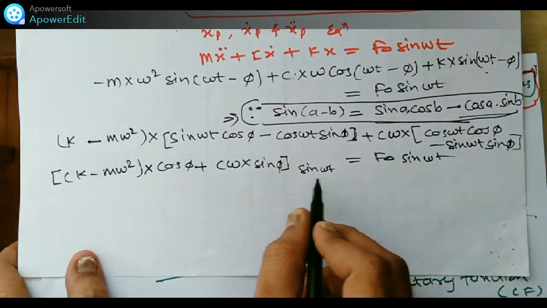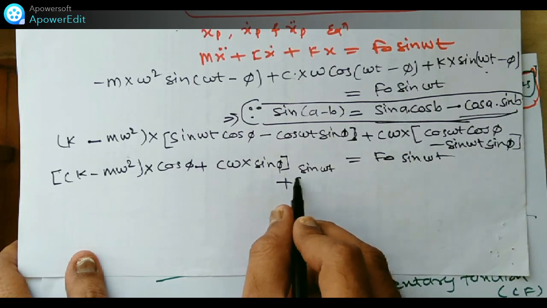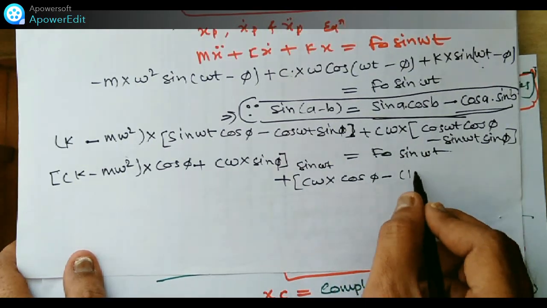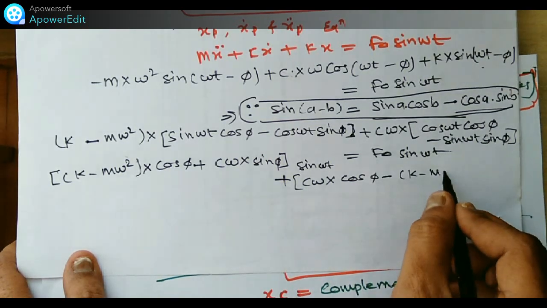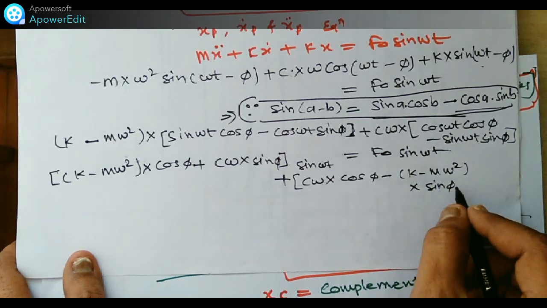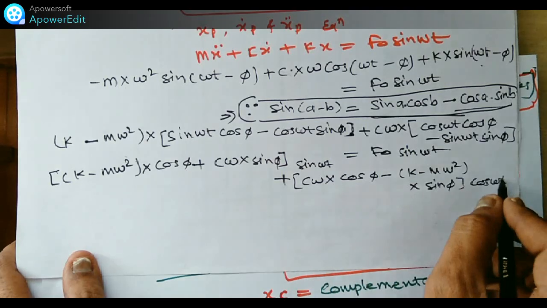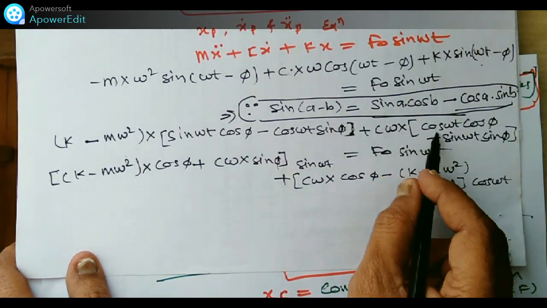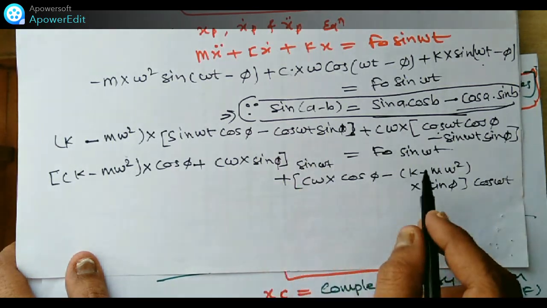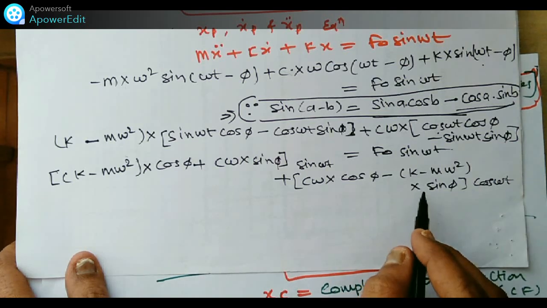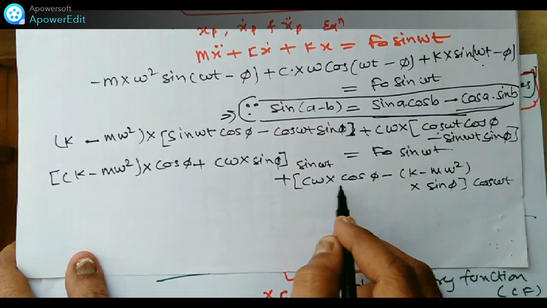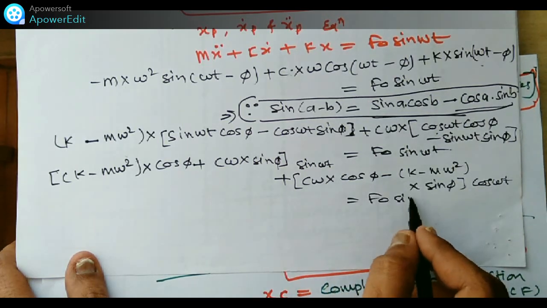Plus c omega x cos phi minus k minus m omega square into x sin phi, and the common term is cos omega t, which we have taken outside. This is equal to F0 sin of omega t.